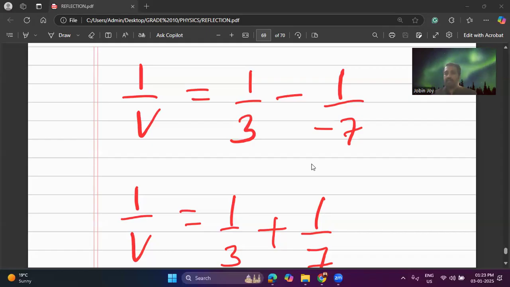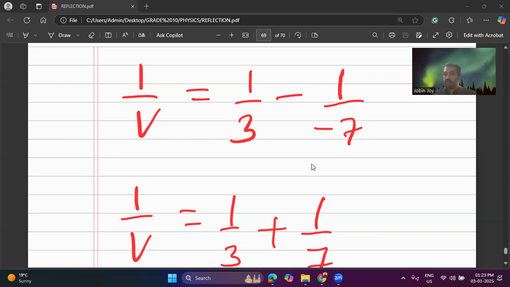Every time you have to explain with the help of a ray diagram. Then the image formation in convex mirror: first the object is at infinity, and second the object is between pole and infinity.